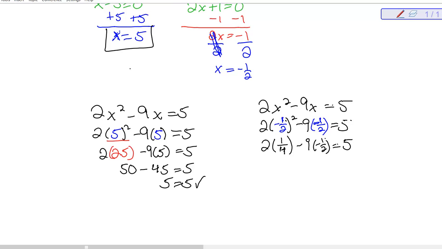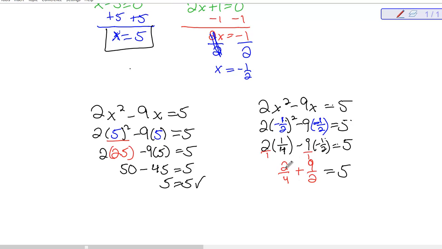Multiplying fractions, I'm going to put my whole numbers over 1, and I'm going to multiply straight across. So 2 times 1 gives me 2, and 1 times 4 gives me 4. Negative times negative is going to give me a positive. 9 times 1 is 9. 1 times 2 is 2. And we're still trying to see if that equals 5. To add fractions, they must be the same.